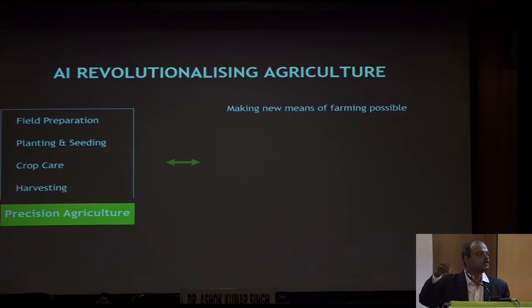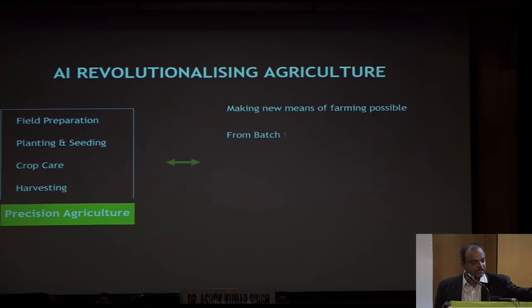It's now making new things possible. Till now, the technologies couldn't recognize the texture, shape, size and quality of a particular plant. That's possible today, just because of imaging improvement. So new modes of farming are possible.